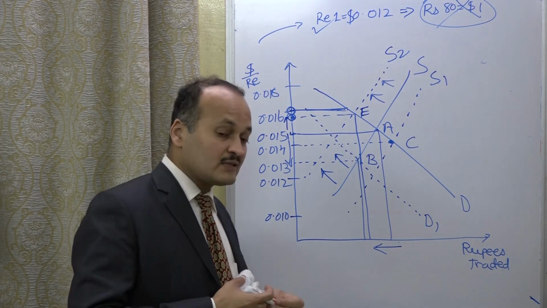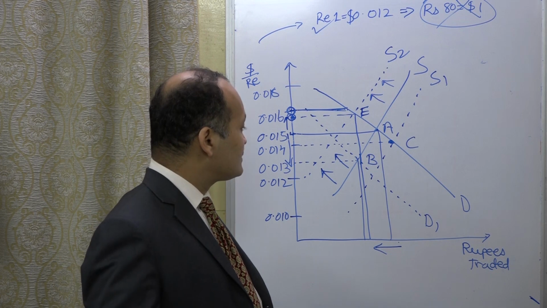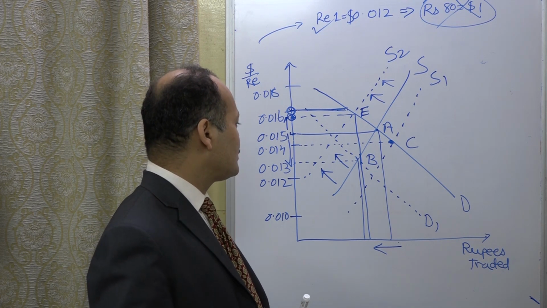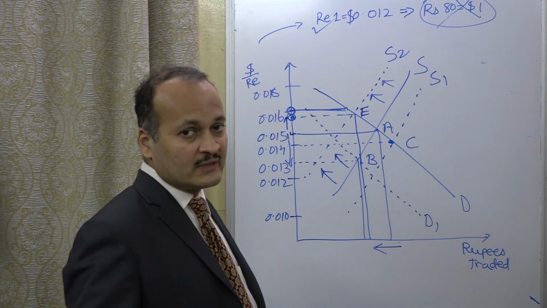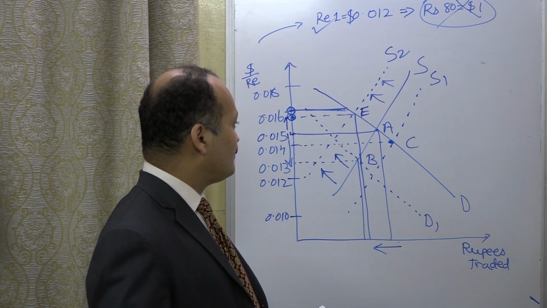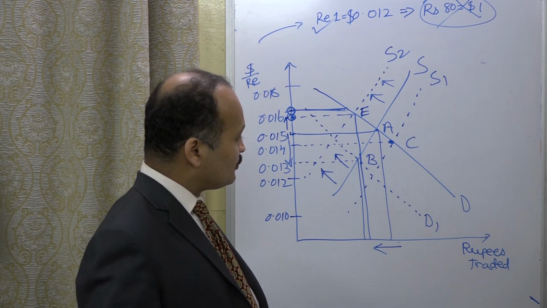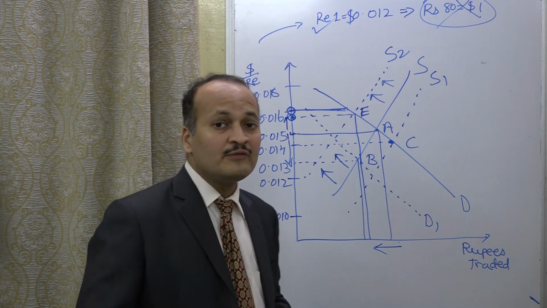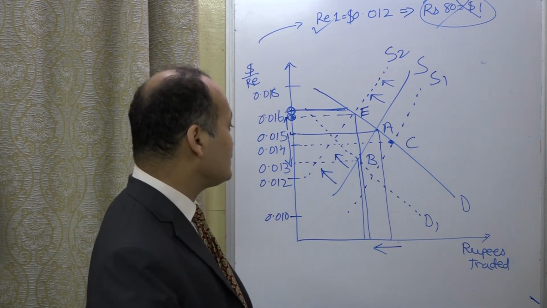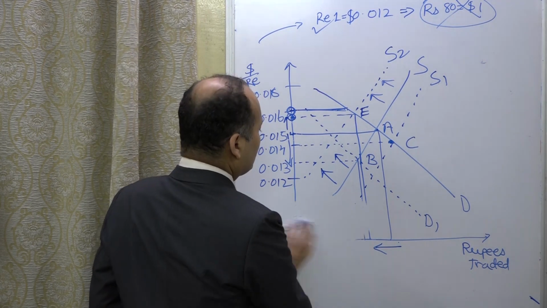In other words, why the central bank doesn't want the rupee to depreciate. This we can appreciate if we consider the exchange rate risk that the FIIs face when they bring money to invest in India, to take advantage of the interest rate differential that exists in India and other advanced economies. Let us see that.